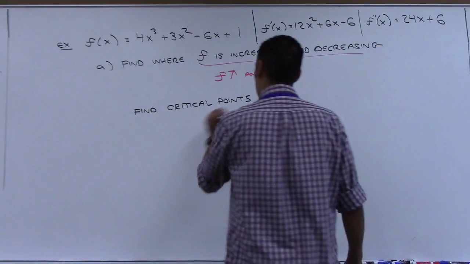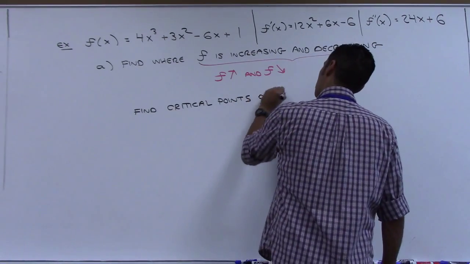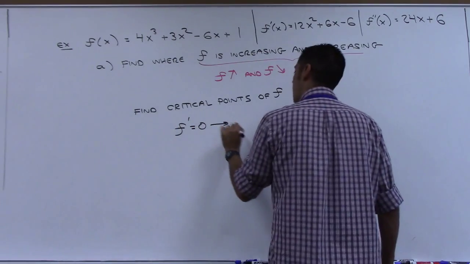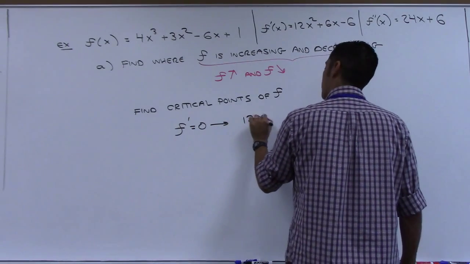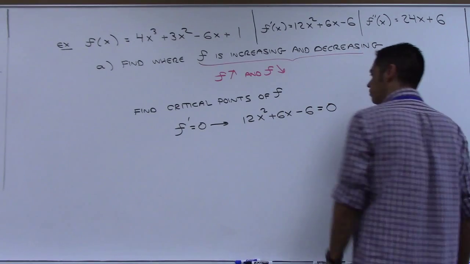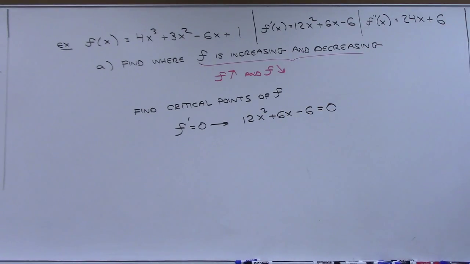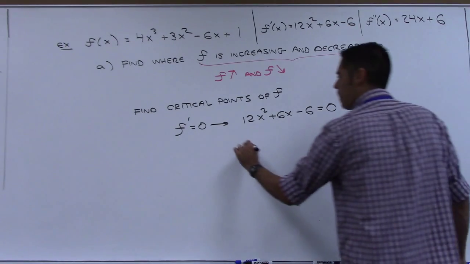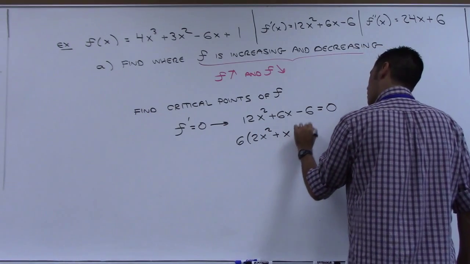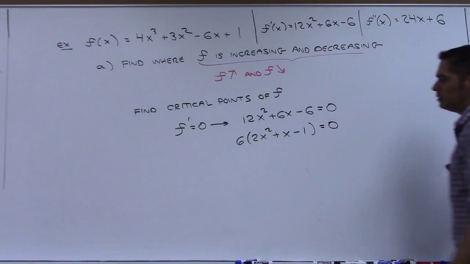So what are the critical points of f? We take the derivative, we set it equal to 0. That means we take 12x squared plus 6x minus 6 equals 0. Take a 6 out. Does that factor?